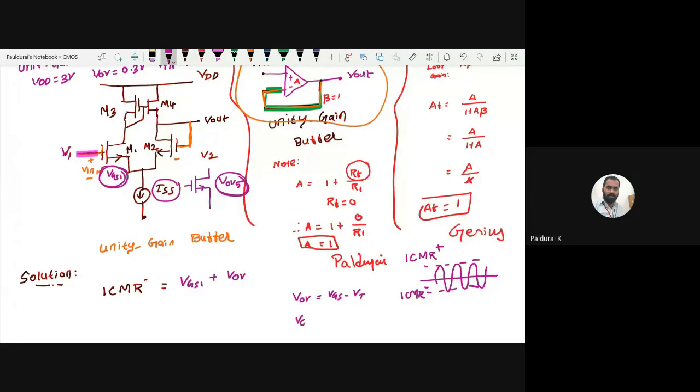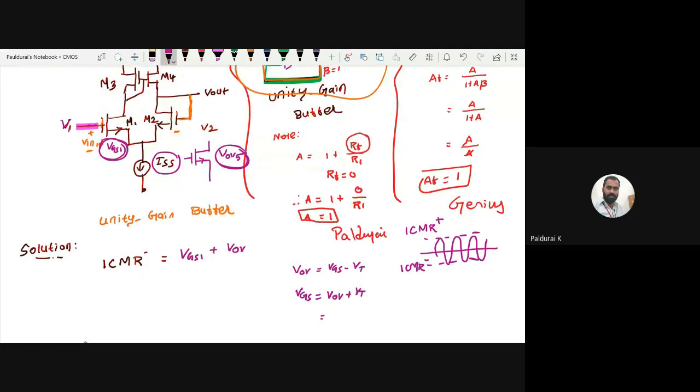So VGS is overdrive voltage plus VT, right? Here the overdrive voltage is 0.3 and the threshold voltage is 0.7, so it is 1 volt. So this is 1 plus the overdrive voltage 0.3, so it is 1.3 volt. My ICMR minimum value is 1.3 for the given spec.